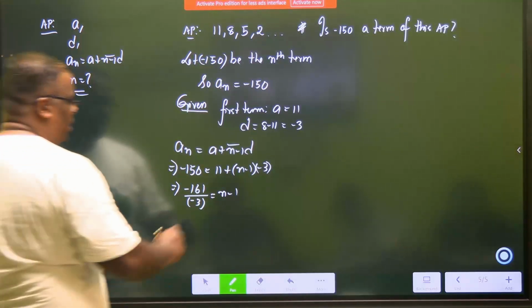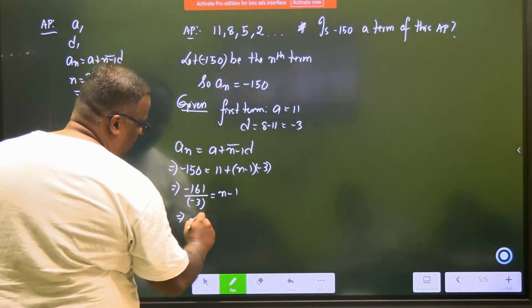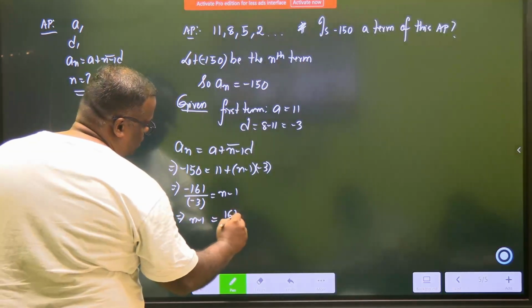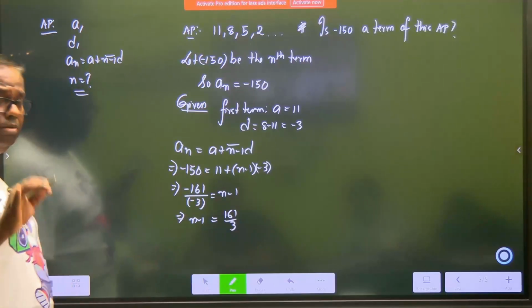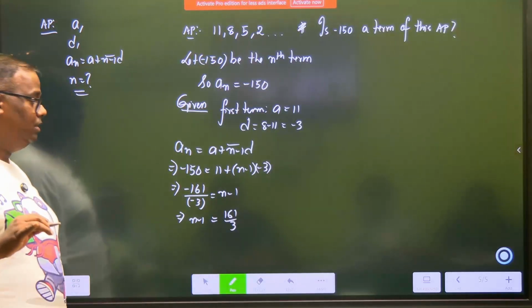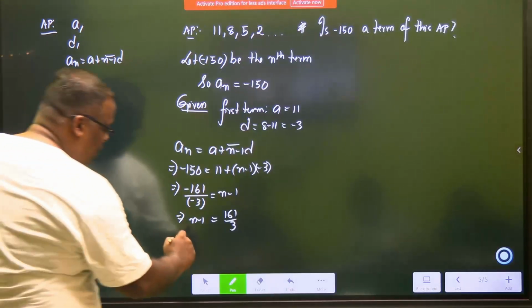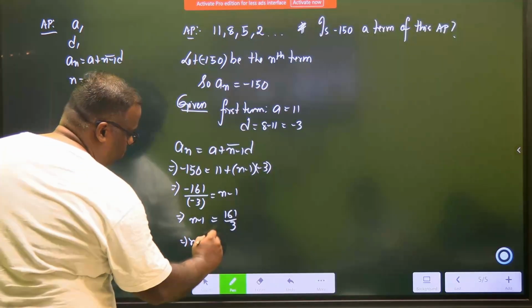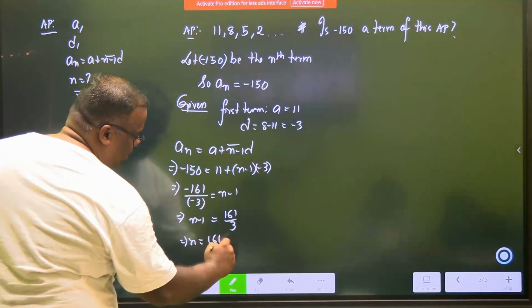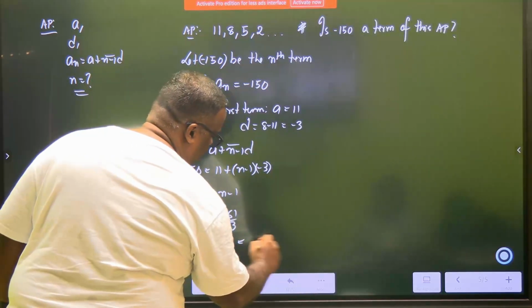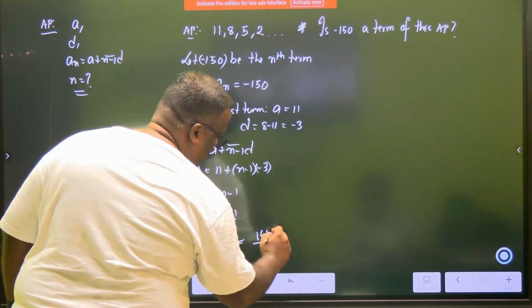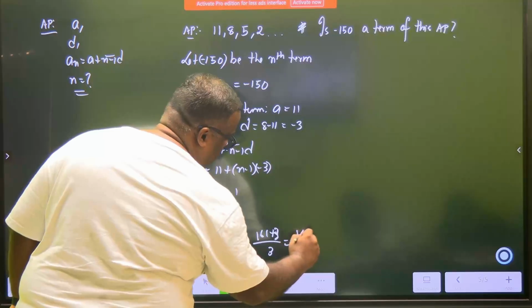Okay? Which is n minus 1 is equal to 161 by 3. Do not solve it. I am deliberately not solving it. N minus 1 is 161 by 3. Therefore, n should be equal to 161 by 3 plus 1. Now solve it. This is 3. 161 plus 3, which is how much? 164 by 3.